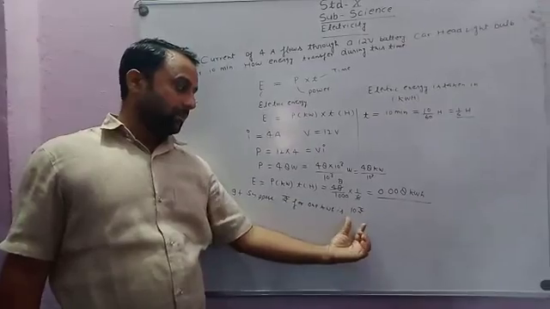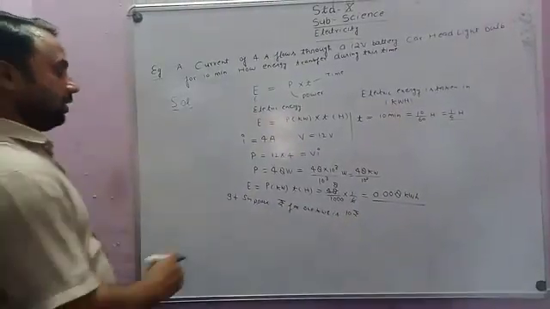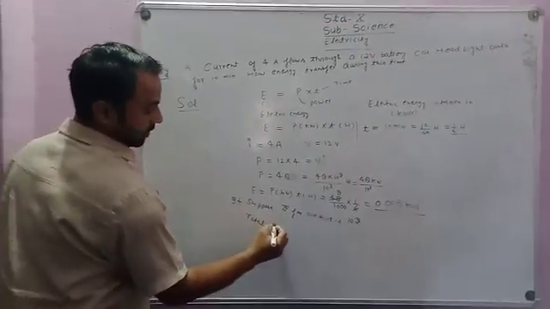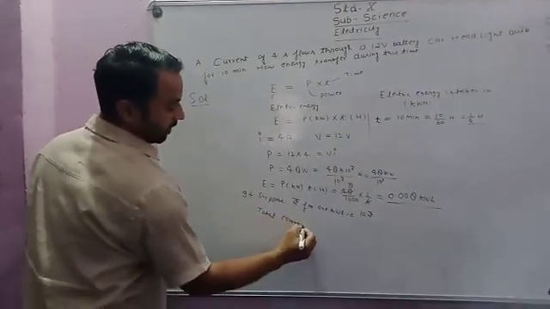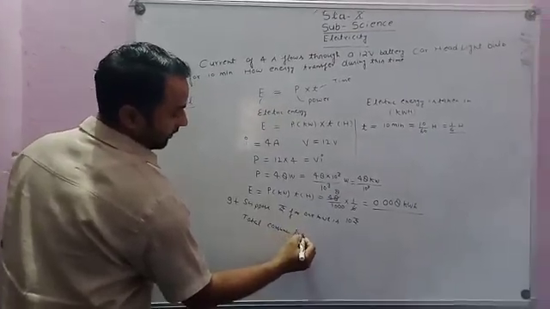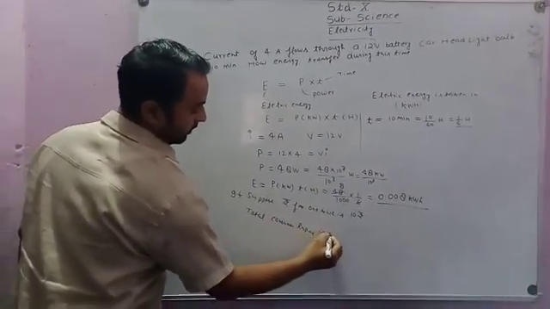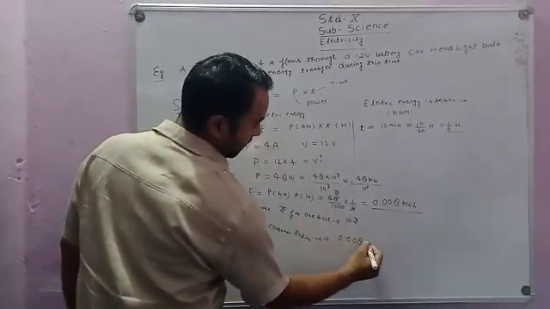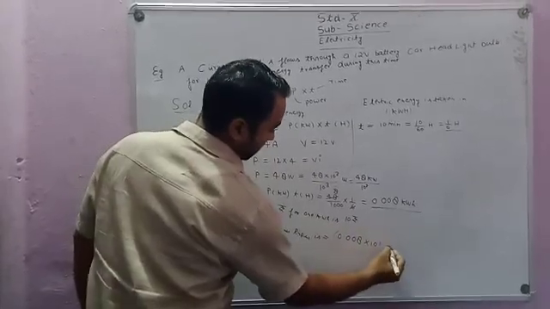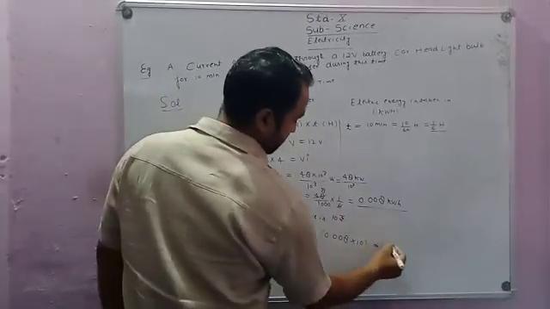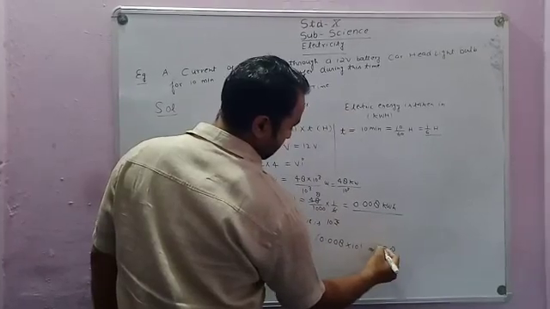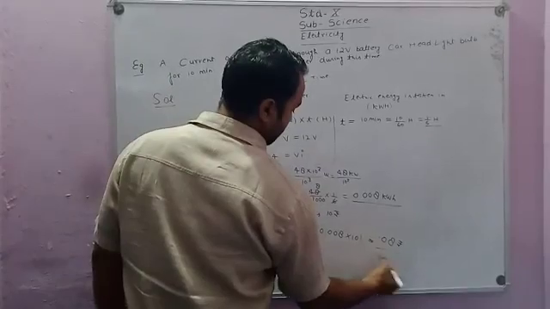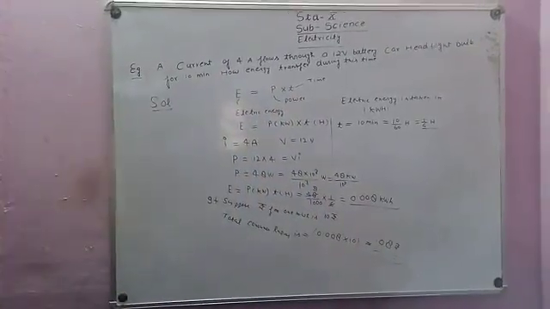So hence we have to calculate that the total consumption rupees is 0.008 multiplied by 10, and hence we see that it is 0.08 rupees. This is the rate at which we have to pay for the consumption of energy.